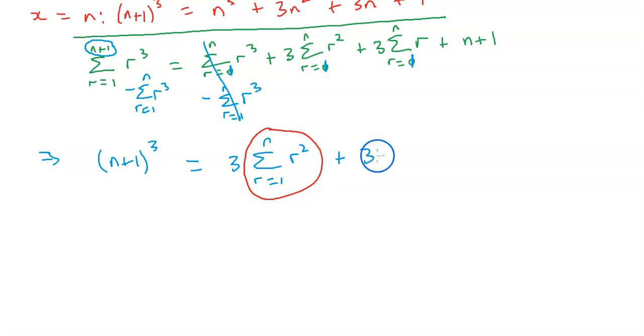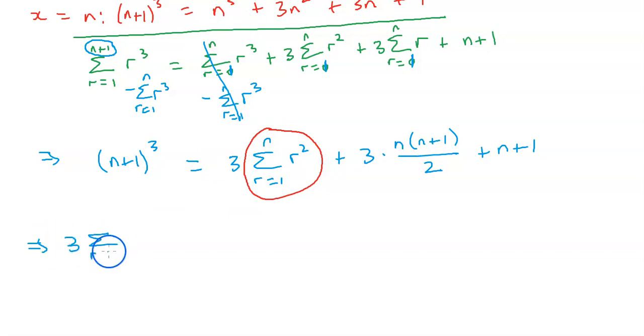Plus 3 times the sum from r equals 1 to n of r, and we already figured out that that's going to be n times n plus 1 divided by 2, and then just plus n plus 1. Okay, and then all that's left to do is just move everything to the other side. So we'll leave this part by itself on one side of the equal sign.